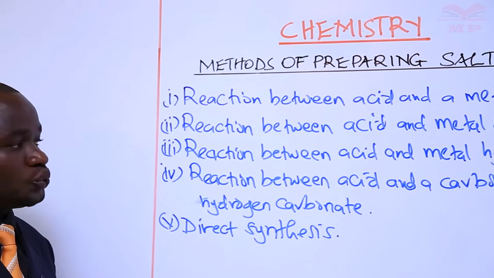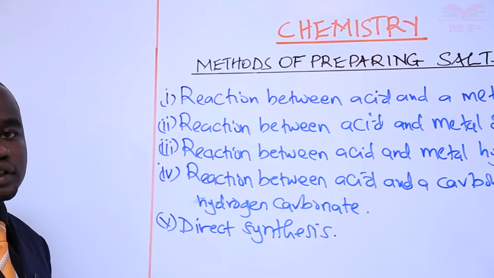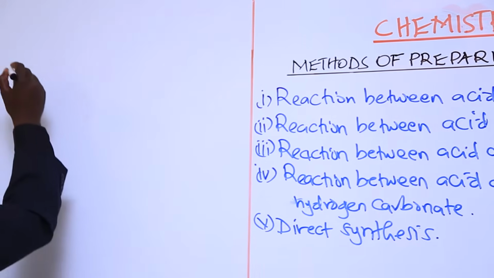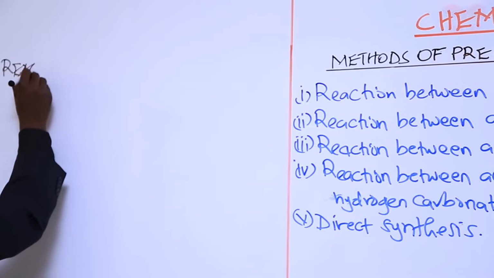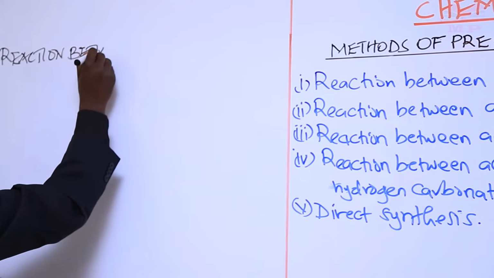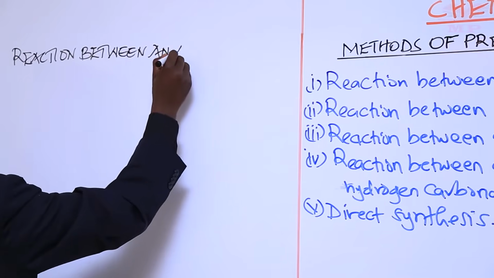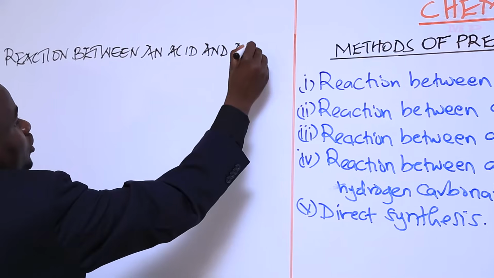So we are going to start with method number 1, and that is reaction between an acid and a metal.